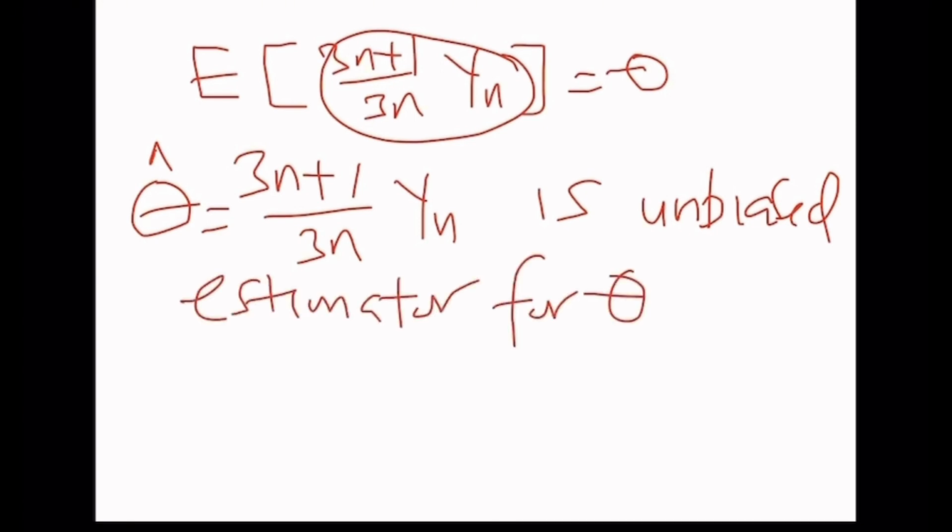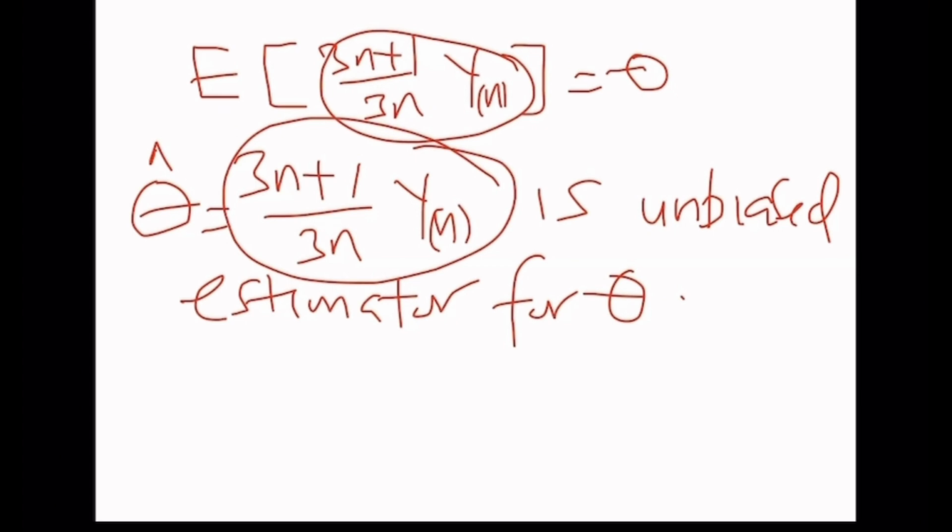Now, if that is an unbiased estimator for theta, this is a function of a sufficient statistic, a function of the sufficient statistic yn.